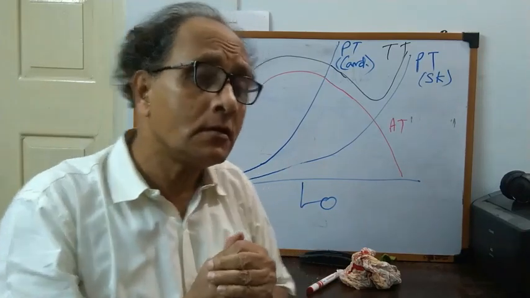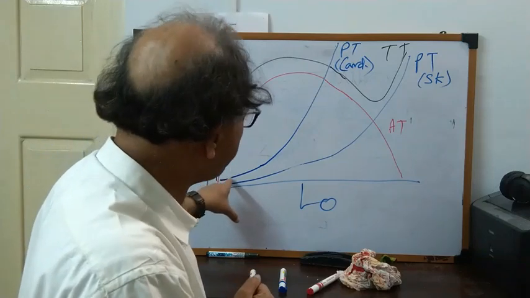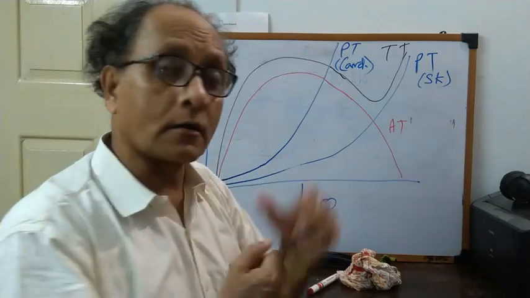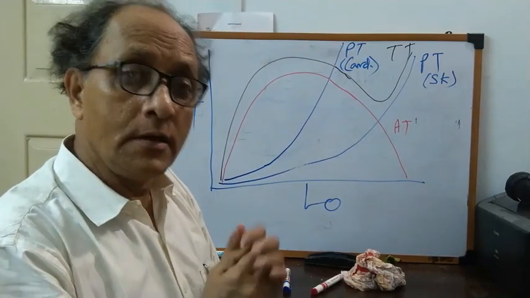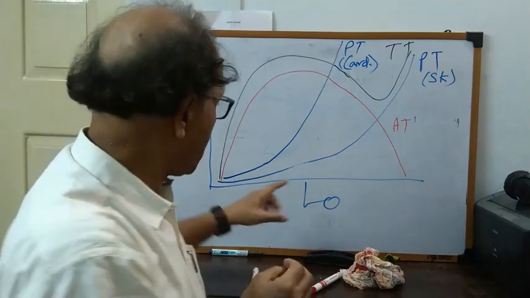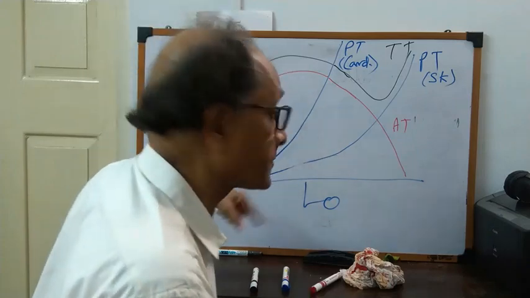And what is the implication? The implication is that as the passive tension curve of the cardiac muscle is rising earlier, it is making the operation of the active tension curve within the ascending limb.